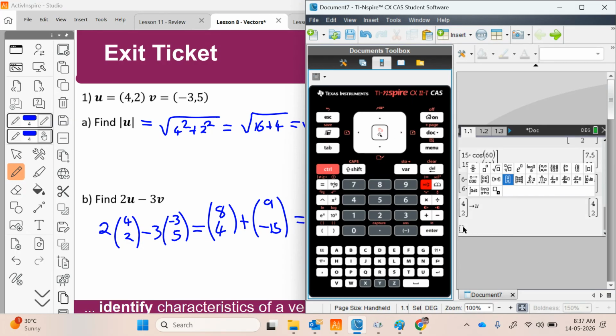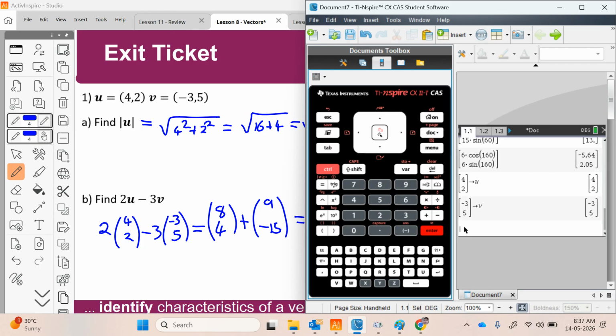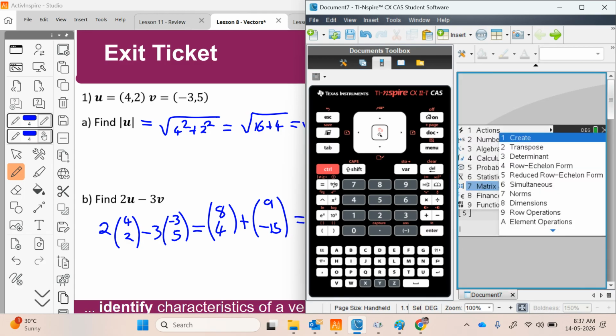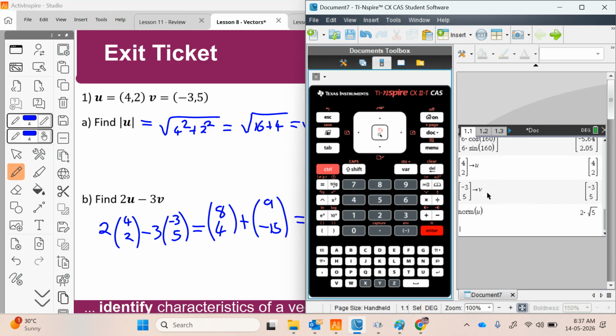Pull up my template button again, and take the other one, (-3, 5). I'm going to press Control, store, and stick that in v. Okay, so then menu, vectors, norms, pull up the norm. I want the norm of u. 2 root 5. I got that one right.